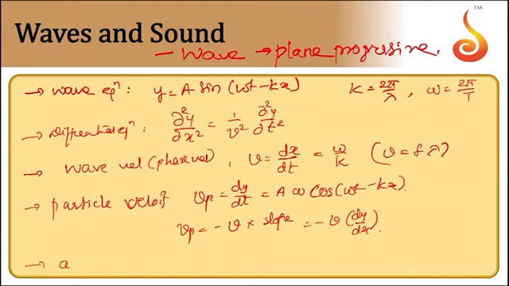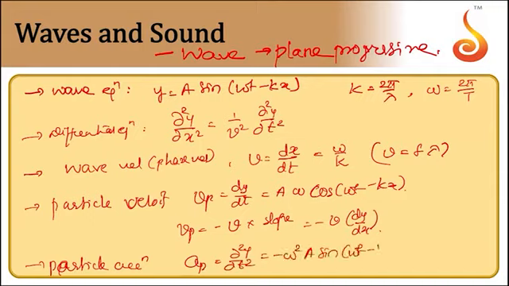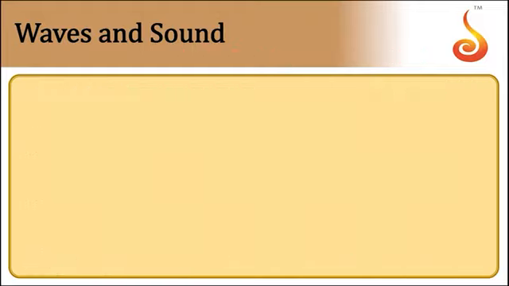Particle acceleration. Particle acceleration AP is dou square y by dou t square, which is minus omega square a sine(omega t minus kx), which is minus omega square y. For example, let us consider a pictorial representation of all these things.